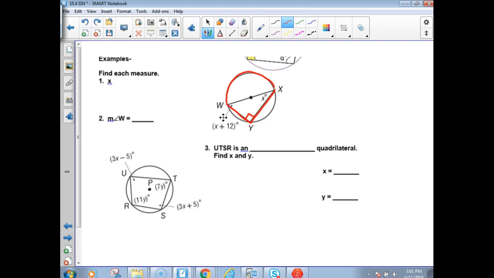So we're going to have x plus 12 plus 90 equals 180. Simplifying gives us 2x plus 102 equals 180. Subtract 102 from both sides. We've got 2 times x equals 78. We divide both sides by 2 and get x is 39.